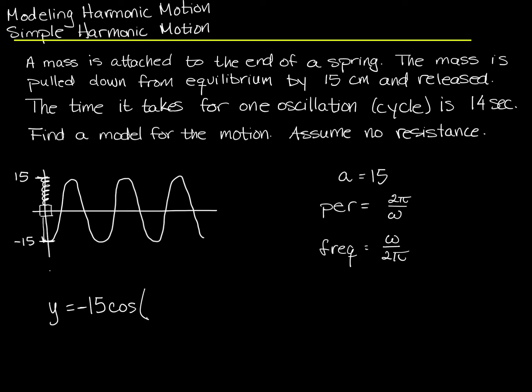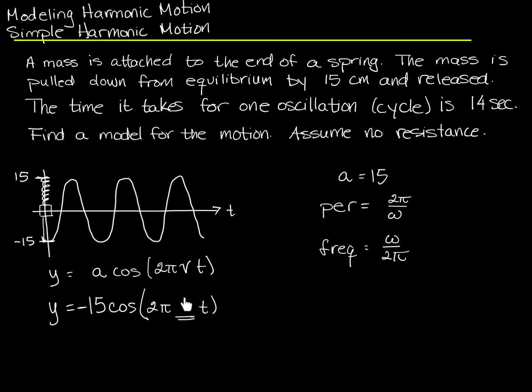Now, remember my generic format for this thing was a times the cosine of, and if I want to, I can write it as 2 pi times v times t. T is my variable like x, right? Because in this case, I'm doing this over a period of time. So y is a function of t. So I'm going to try writing this as 2 pi times something times t.